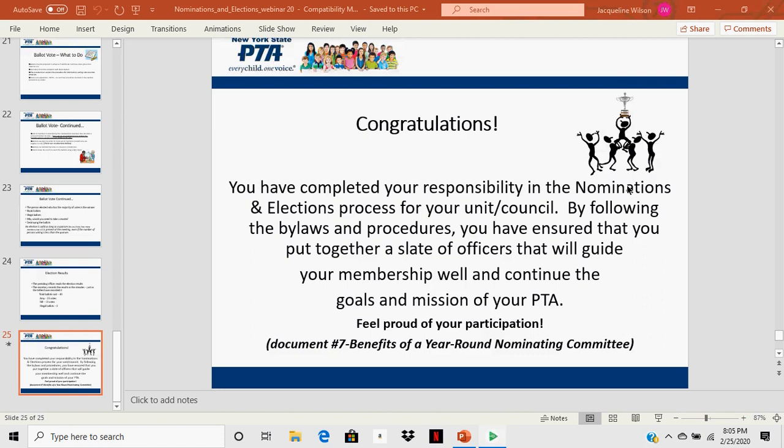They are eligible to be renominated, but they are not entitled. So that's up to your nominating committee to decide. If that person has not been doing a good job and you've had a lot of issues in your PTA, then why would you want them on there? So they are eligible, not entitled. And that would be for any term, for any 1-year term. They are eligible for a 2nd year, but not necessarily entitled.